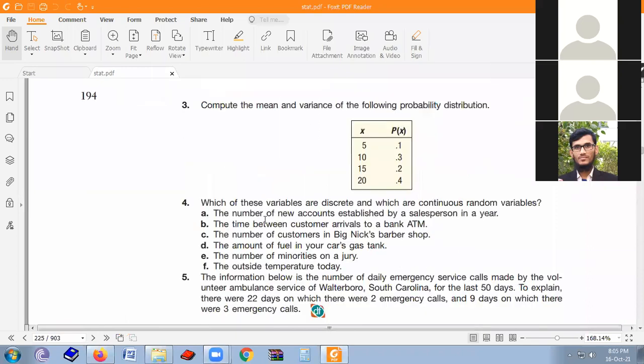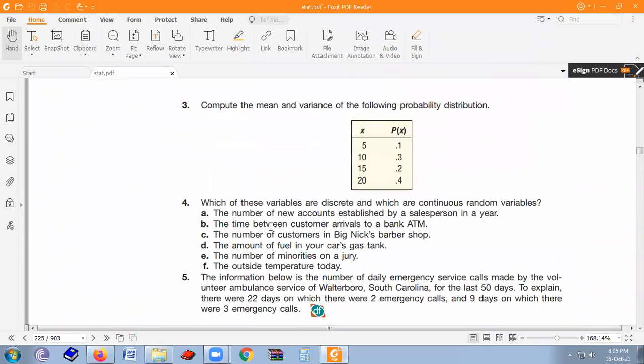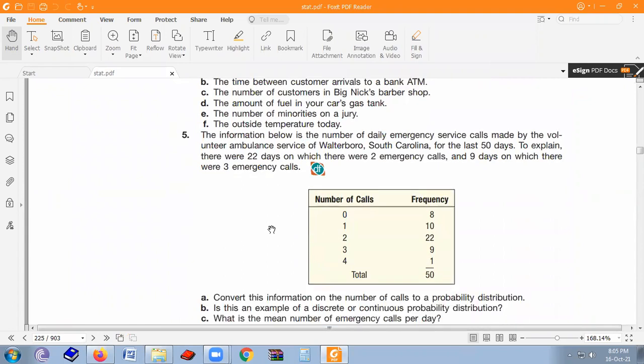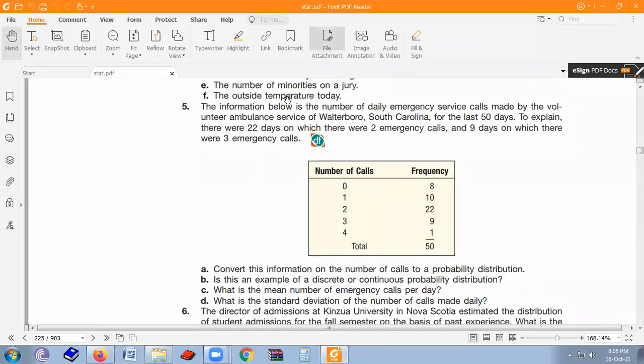Then we go for another example, number 5. The information below is the number of daily emergency service calls made by the volunteer ambulance service of Walterboro, South Carolina, for the last 50 days.